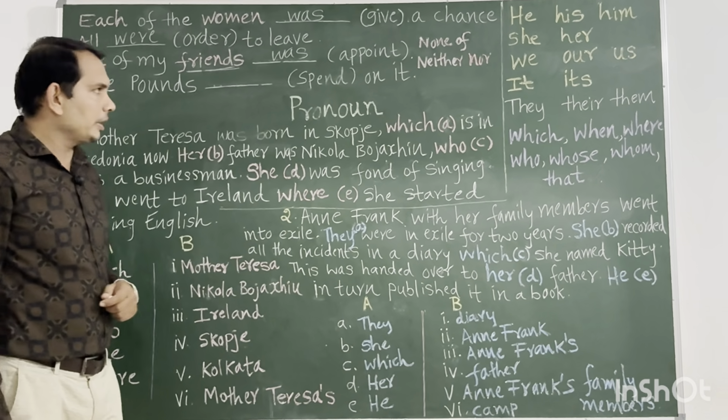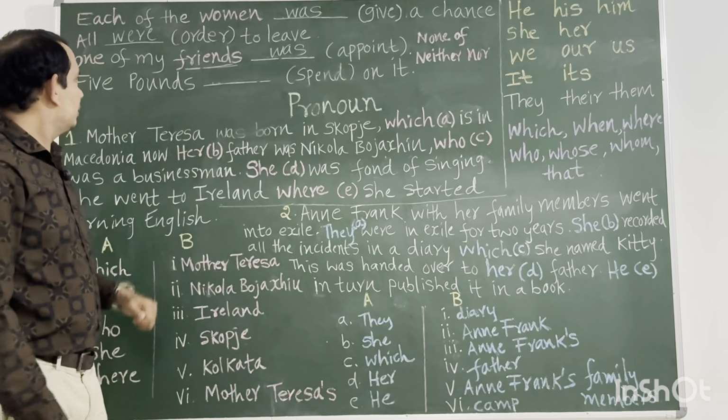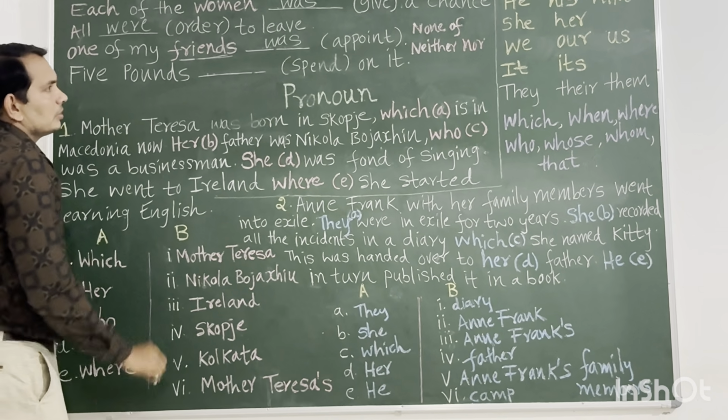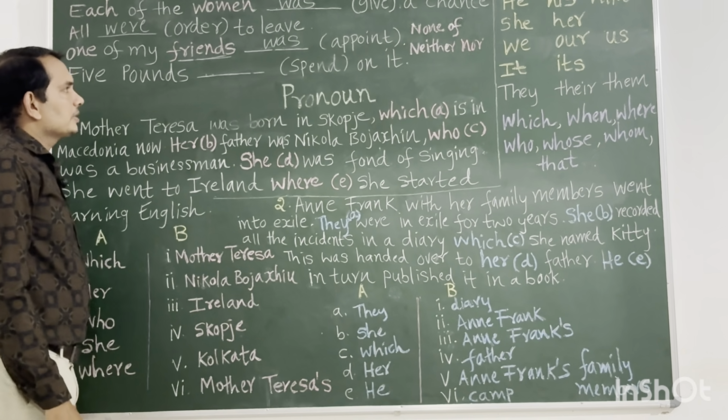Look at this example. This is a bit tricky. This is quite confusing and challenging. 5 pounds, dash, on it. What is the answer to this question?